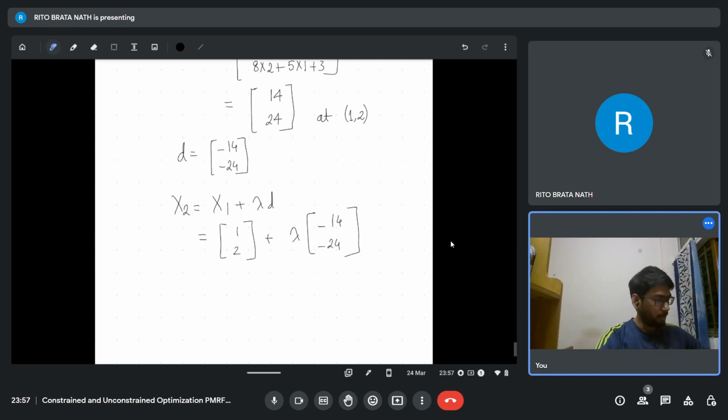Okay. Now you have to find the value of lambda. Typically, the way it is given is lambda equals S transpose S divided by S transpose AS.